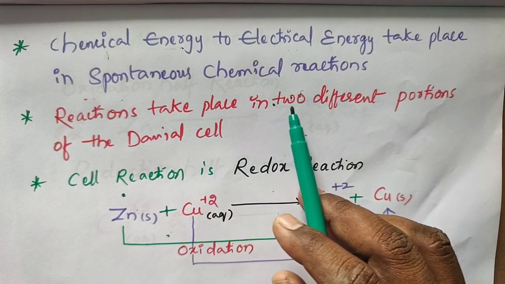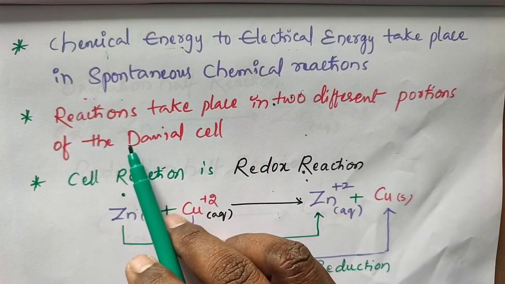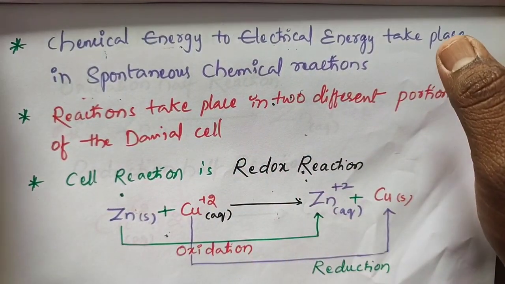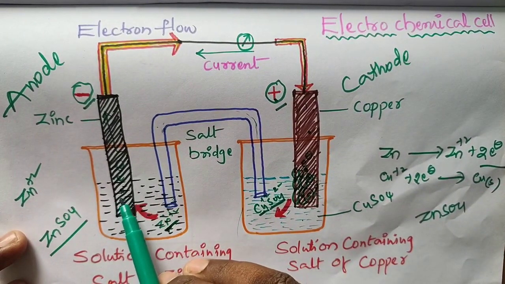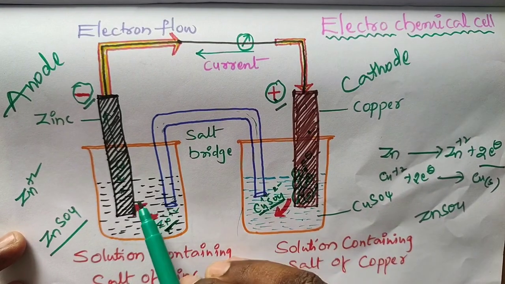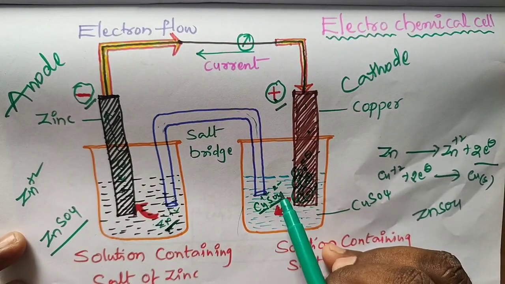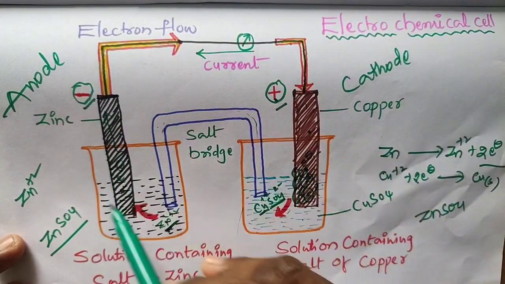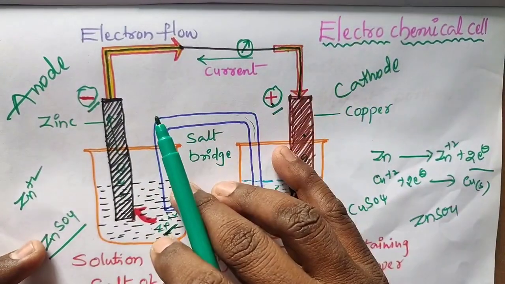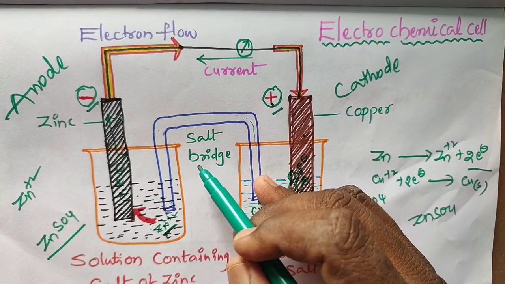Reactions take place in two different portions of the Daniell cell. This is one portion and this is the other portion. Reactions take place in this one, and in this one also. Oxidation takes place in this, reduction takes place in this. The total redox reaction takes place in this cell. These are spontaneous chemical reactions.